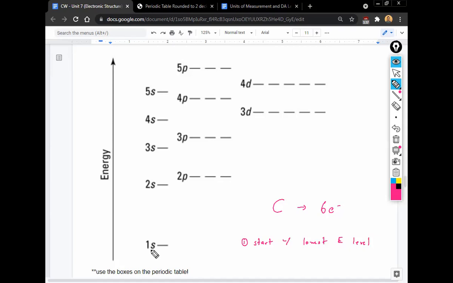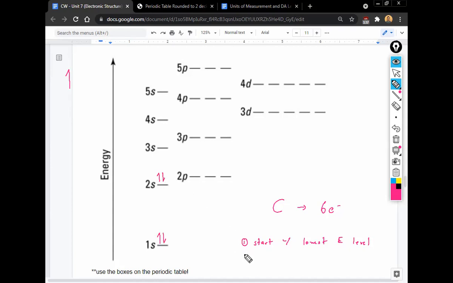Carbon has 6 electrons, and we describe electrons with arrows. So we go 1 arrow, 2 arrows, that's 2 electrons. We jump up to the next energy level, 2s, and fill in 3, 4. And then we have to go to 2p.